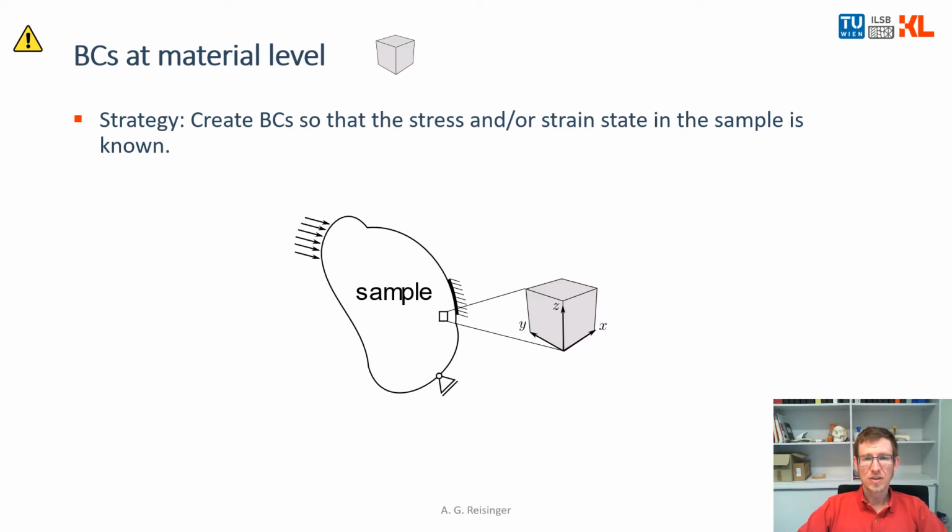What is the strategy here to get those orthotropic material properties? You have to create a stress and strain state in our sample that is simple and known. So not only known, but also simpler, as shown before. So this is not simple.